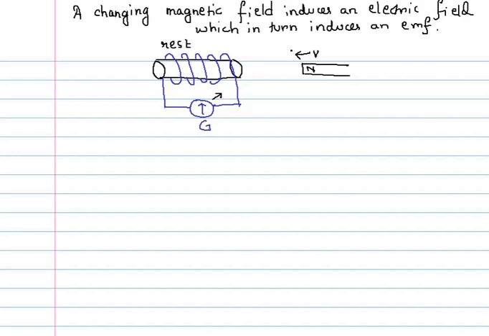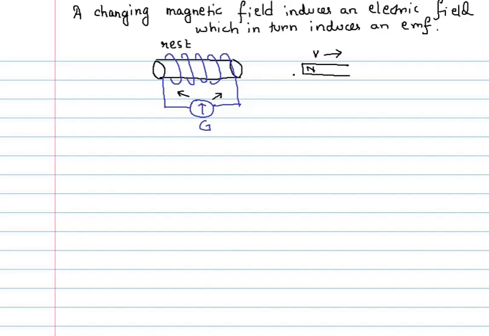It is also observed that if, instead of taking the magnet towards the solenoid, I take it away from the solenoid, even in that case there is an induced EMF in this solenoid, but now the direction of deflection in the galvanometer will be opposite to the first case. So in the first case, when the magnet was brought towards the coil, the deflection was to the right; now, when I take the magnet away from the coil, the deflection is towards the left.